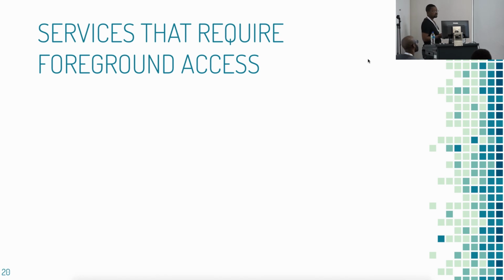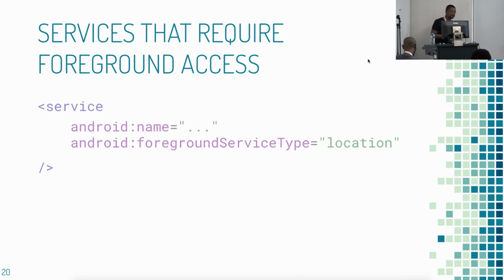So for services that require foreground access, this is how you define it in your manifest. When you're defining your service, you give it whatever name, so name equals, and that's where the name of the service will go. And then that's the new attribute that has been added to the service as part of Android 10, which is foreground service type. And in there, that's where you'll define the different service types: location, phone call, media playback, and so forth.